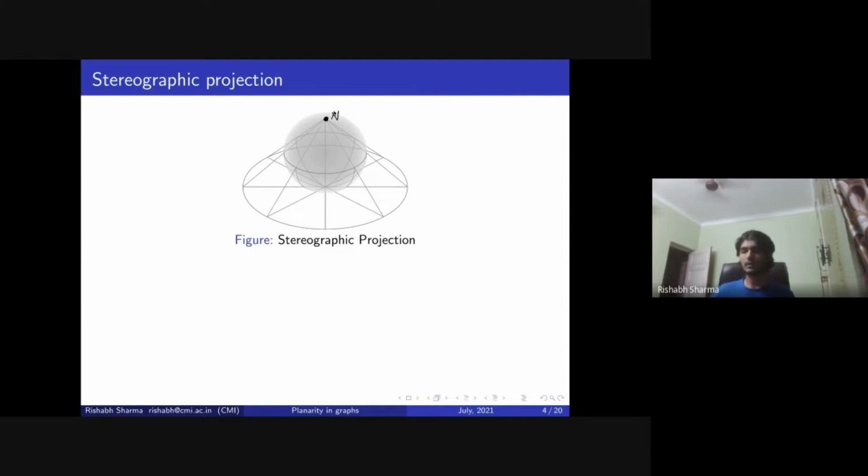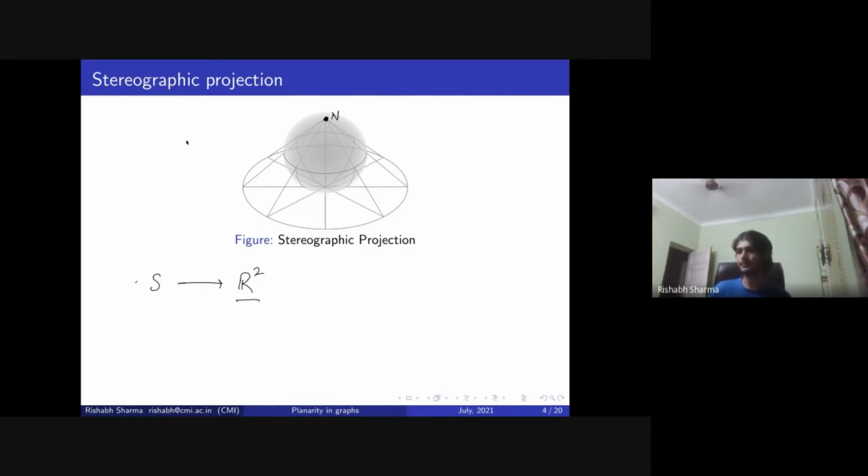So you have this sphere and you remove one point from it, which I'll call N. Stereographic projection says that with this punctured sphere you can make a continuous map from the sphere to the real plane, R2, the notation for the real plane.